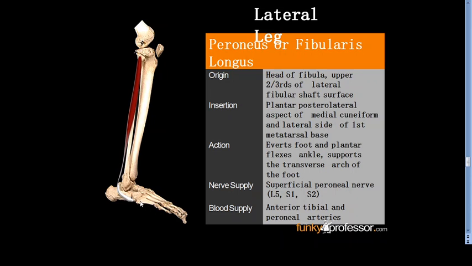The action of this muscle is to evert the foot and plantar flex. It is going to support the transverse arch of the foot. The one nerve which supplies this muscle is the superficial peroneal nerve, and the blood supply is from the anterior tibial and the peroneal arteries.